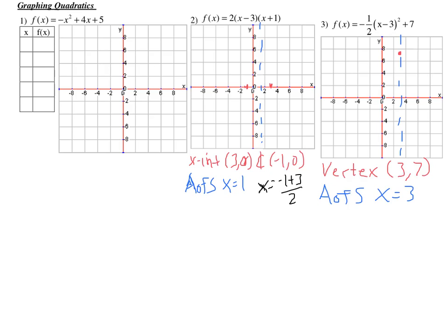If you compute that, you're going to get 1. So if you just take the two zeros, x-intercepts, average them by adding and divide by 2, you'll get your axis of symmetry. Now, on this problem, I can see it. My eyes work well. But if you didn't have a graph, if it just had a question without a graph, you still need the axis of symmetry. Oh, we have to take the middle of these two dots.